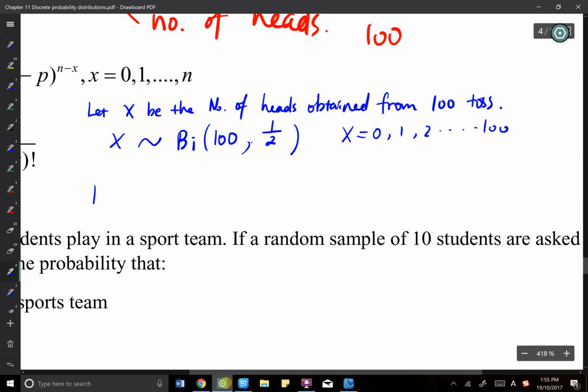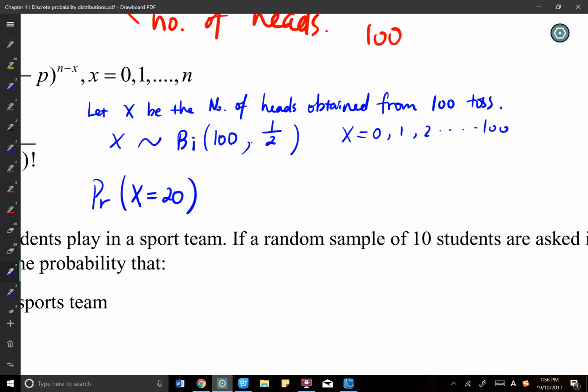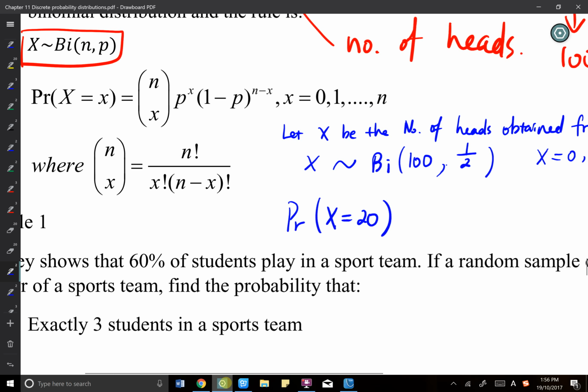So what we're trying to find, do you remember what I'm asking? 20 heads. So what you want to find is the probability x equals 20. But why do I say this is helpful? Because if that's a binomial distribution, we have a formula we can apply directly. That is the formula.